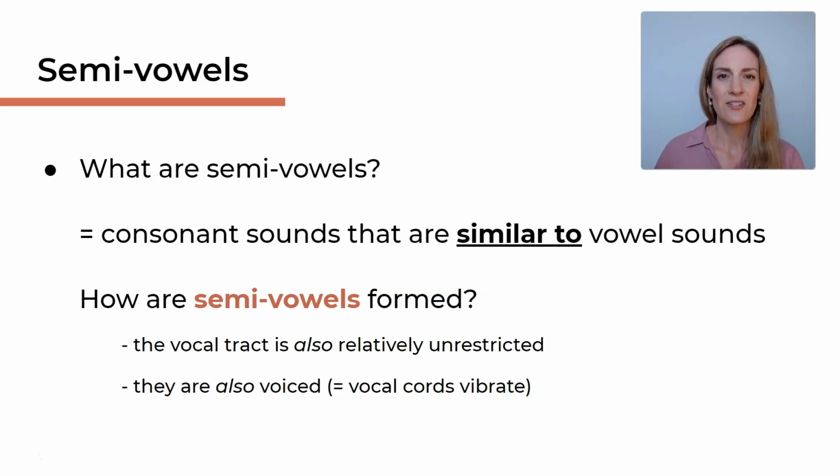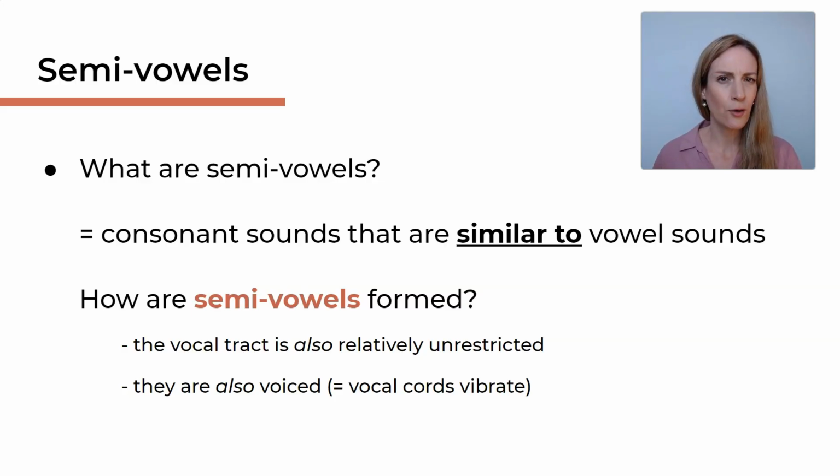So y, w. There's no proper closure, there's no air friction that we can hear. And also, if you test y, w, they are also both voiced sounds. It means we use our vocal cords and they vibrate, and when you put your hand on your throat, w, y, you can feel the vibration just here very gently behind your throat from the vocal cords. So in a way, they do behave like vowels.